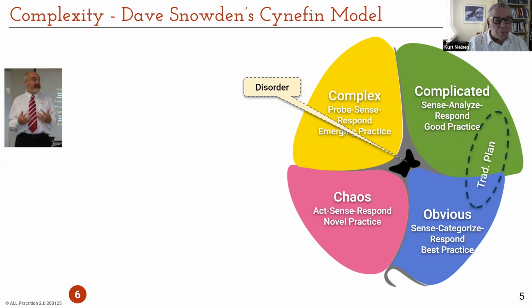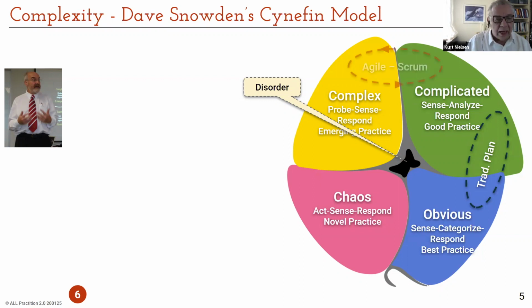The traditional planning methods that we have been brought up with and taught, based on Winslow Taylor's theories from 100 years ago, they belong over here to the right. They're not evil per se, but they work in the environment where knowledge is stable and predictable.